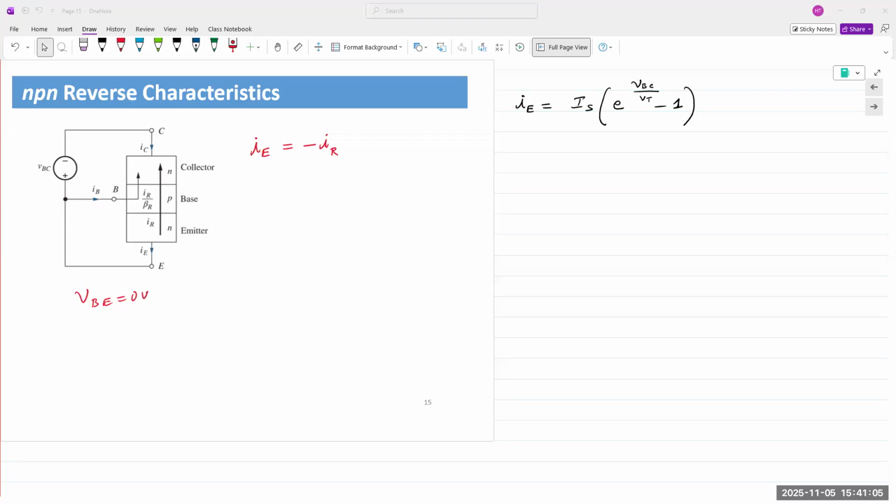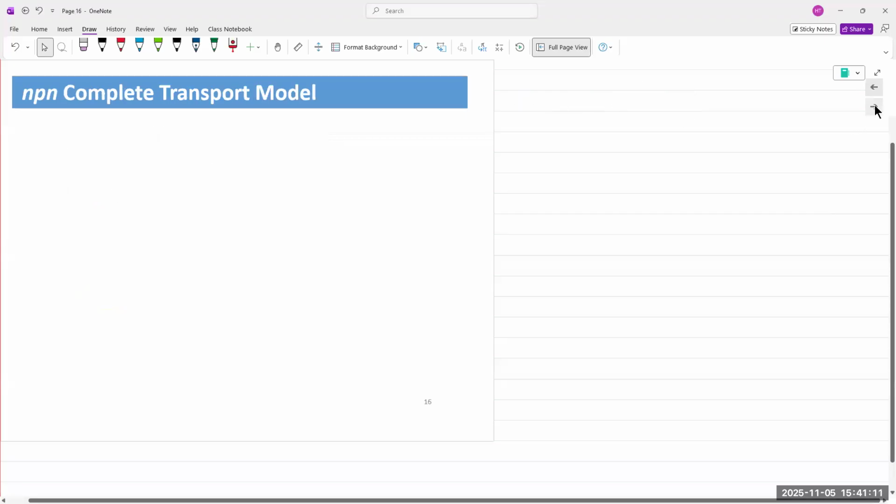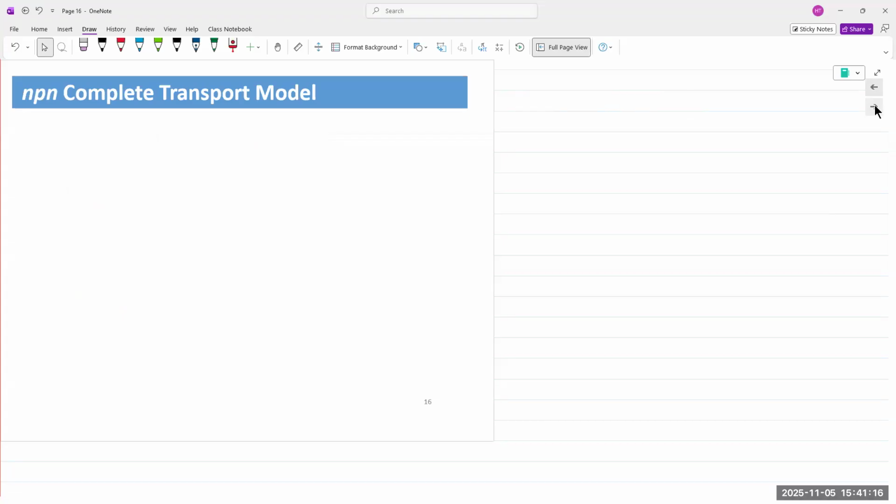So from these two, we can write the complete transport model. I was going to say you have to memorize these equations, but they're in the book. Even I don't have them memorized. But again, it's the forward current based on the diode equation, and then you have the reverse current based again on the diode equation. If you want the complete transport model, meaning both currents flowing because of majority and minority carriers, you simply take both and add them together.